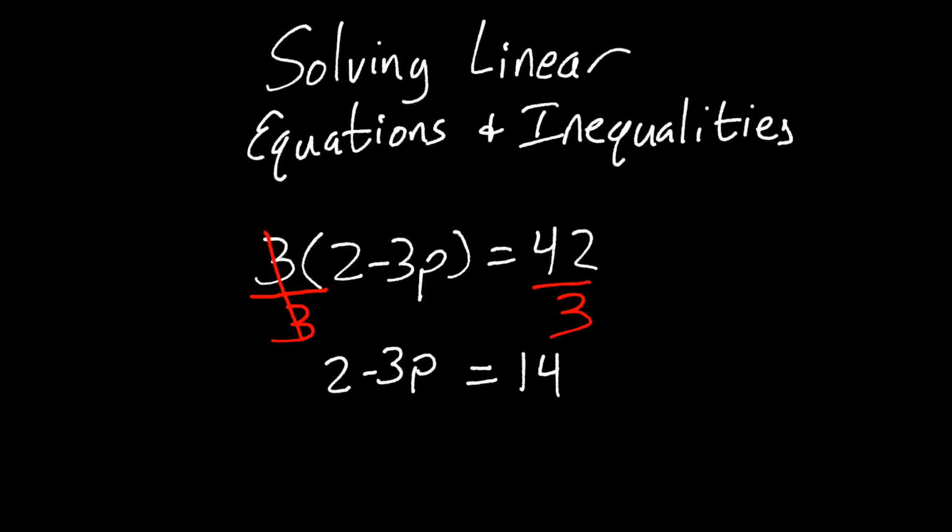So get rid of any addition or subtraction first that is not affecting the p, and we have to get rid of this 2. So it is a positive 2, and to get rid of it I need to use a negative 2. So I'm going to subtract 2 from both sides.